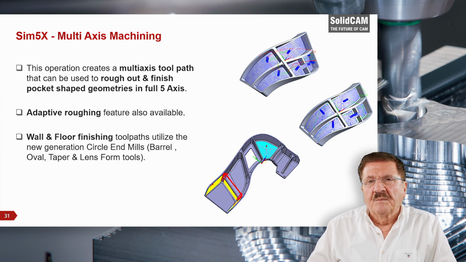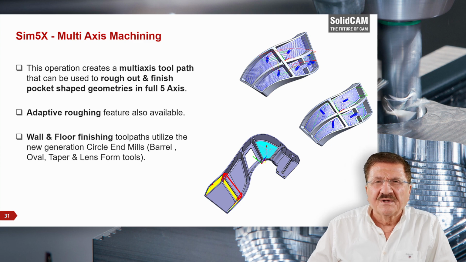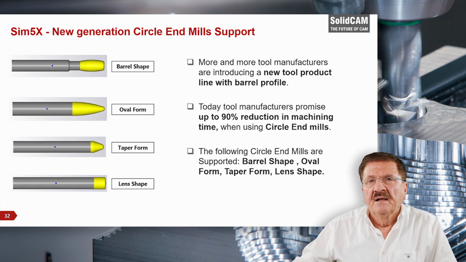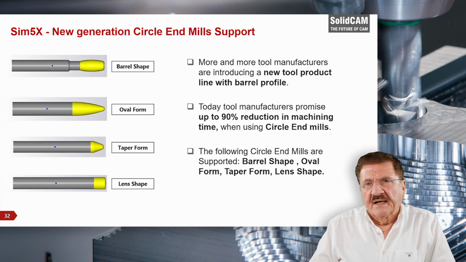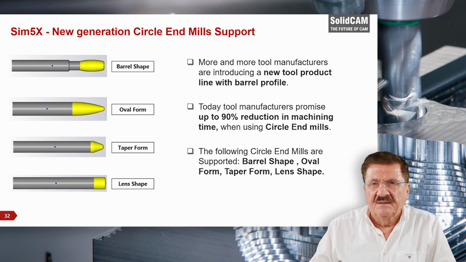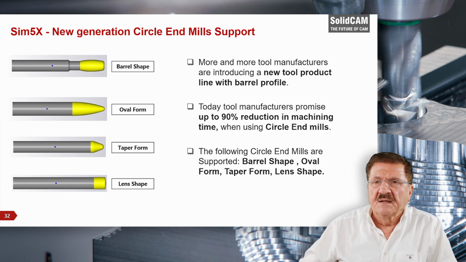The multi-axis toolpath can be used to rough out and finish pocket shapes geometries in full 5-axis, a very nice feature. We support the new generation of circle end mills in 5-axis. Today, tool manufacturers promise up to 90% reduction in machining time when using circle end mills, and we support all shapes of these circle end mills.